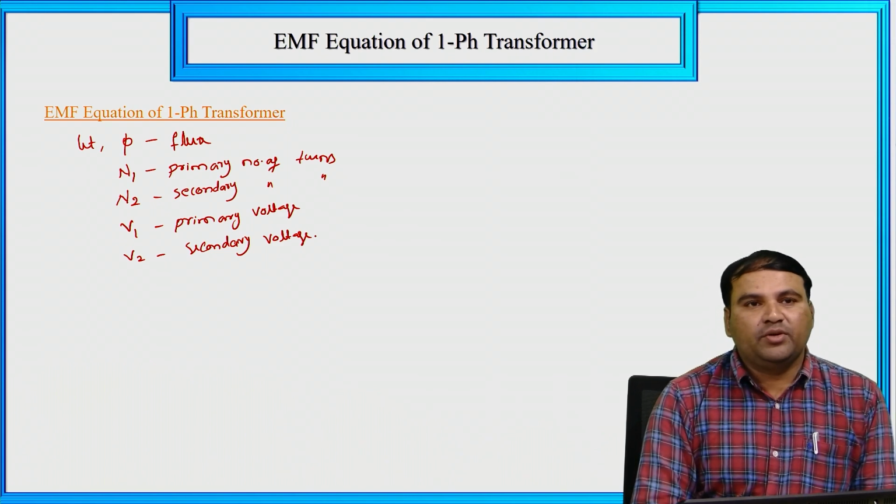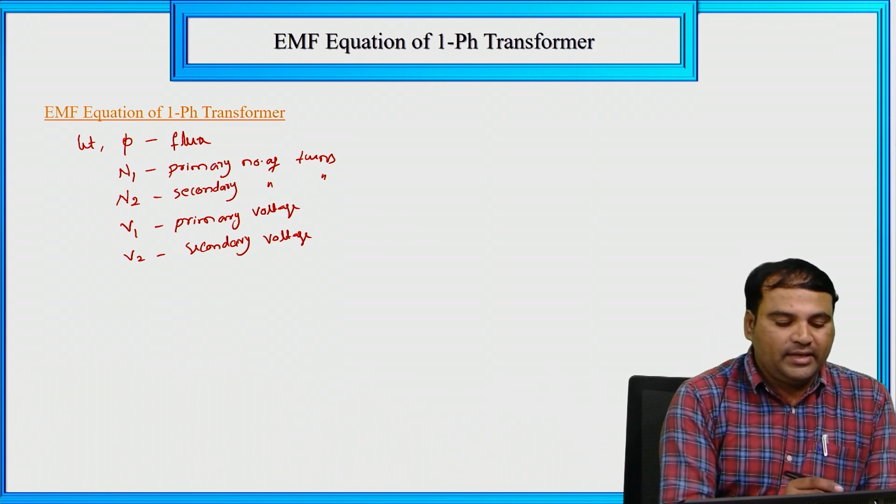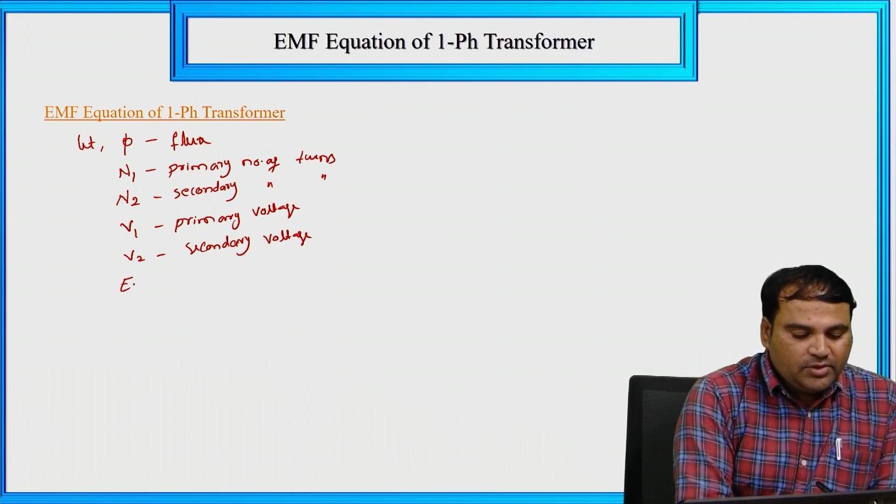V1 is the primary voltage and V2 is the secondary voltage, and E1, E2 are also there.